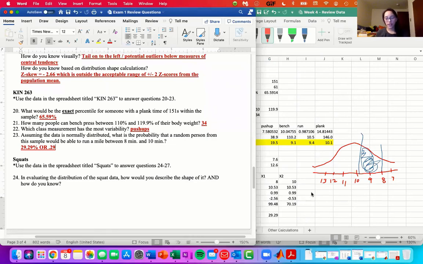I would just make sure, and we did this in lecture, and I also put a smaller video for reference on how to build a distribution based on a mean and a standard deviation. Make sure you know how to do this, okay? Don't do what I did and use estimated numbers.